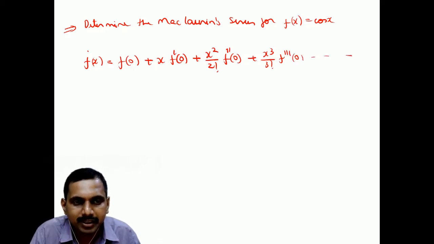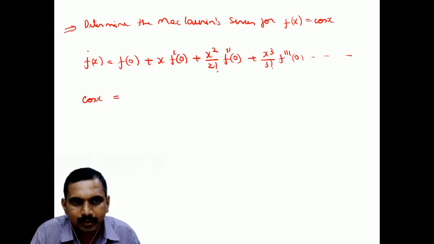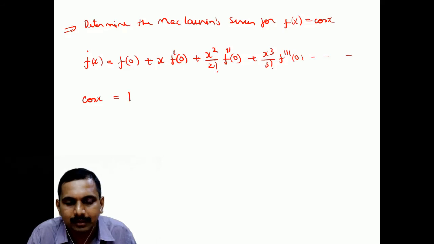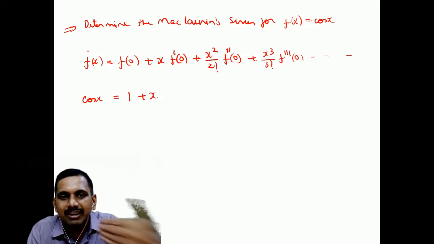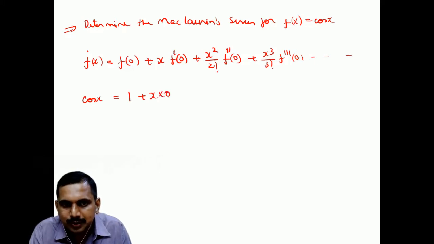So what is f of x? f of x is cos x. Cos of 0 is 1, plus x into sine of 0. Because when you differentiate cos you get sine, and sine of 0 is 0, is it not, students?